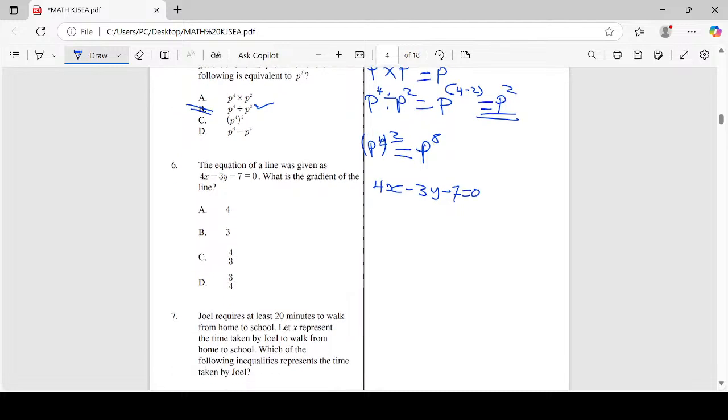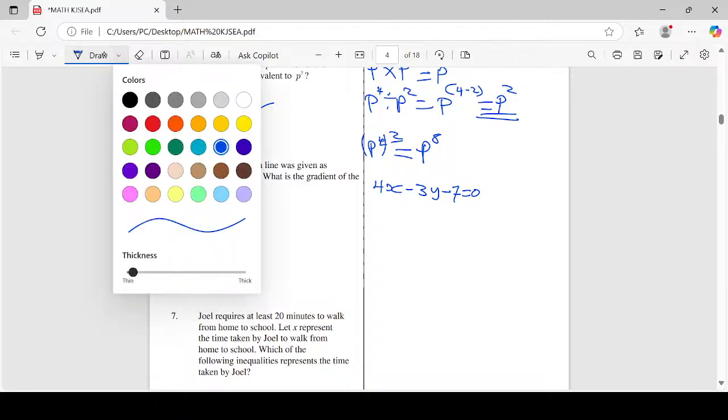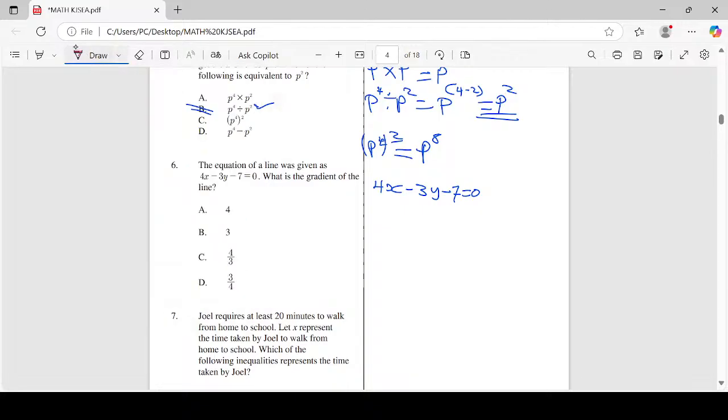For you to be able to get the gradient of a line, you need to write that equation in the form of y equals mx plus c first, where this m is my gradient always.